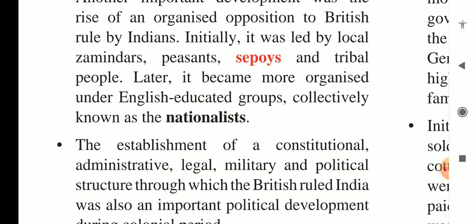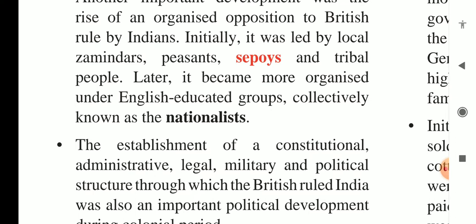Later it became more organized under English educated groups, collectively known as the Nationalists. So later this feeling to free the country from the hands of Britishers became stronger and stronger. Why did it become stronger? When English educated Indians included themselves in the opposition.